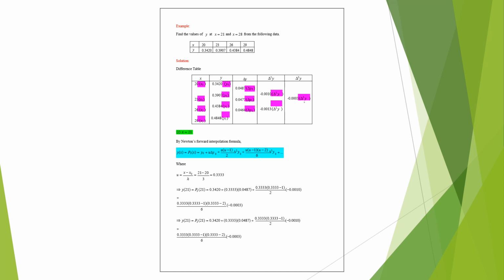Where the values of x are 20, 23, 26 and 29, and the values of y, which is written as f of x, that is y is equal to f of x, are 0.3420, 0.3907, 0.4384 and 0.4848.